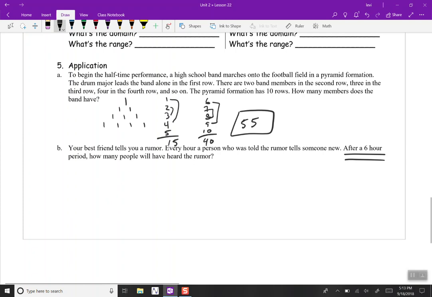So there's one way it could be the first person knows, and then there's two people that know, me and the first person. But then I'm only telling one person because it says every hour a person who was told the rumor tells someone new.